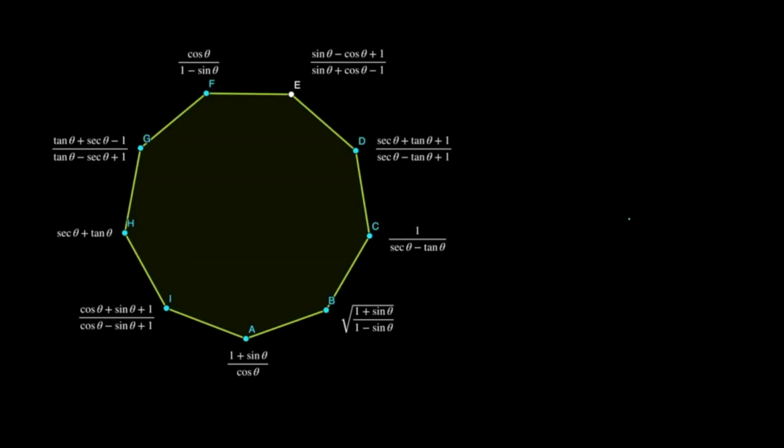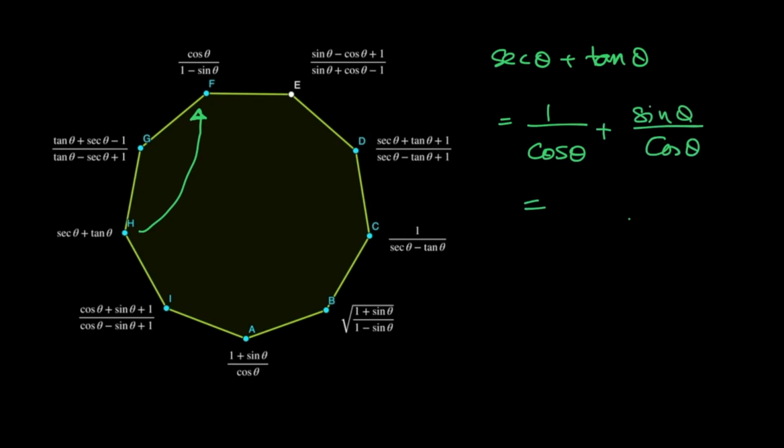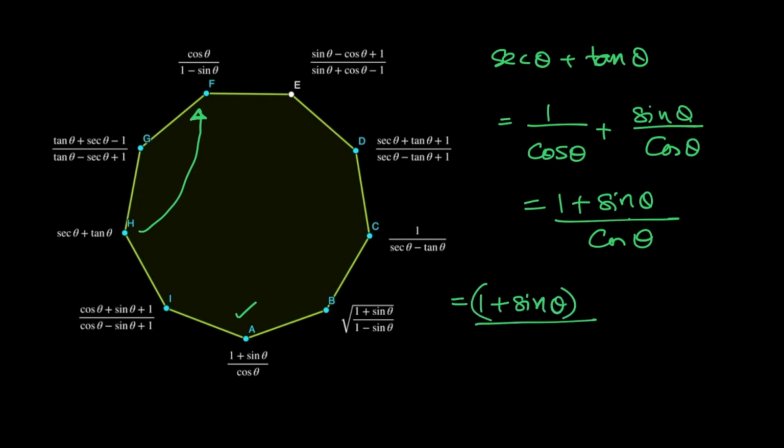Now let us see how we can go from, say, H to F. So I'm going to write sec theta plus tan theta as 1 by cos theta plus sin theta by cos theta. So this is equal to 1 plus sin theta by cos theta. We have arrived at A, and from A you have to reach F. So what I'm going to do is multiply the numerator and denominator with cos theta.